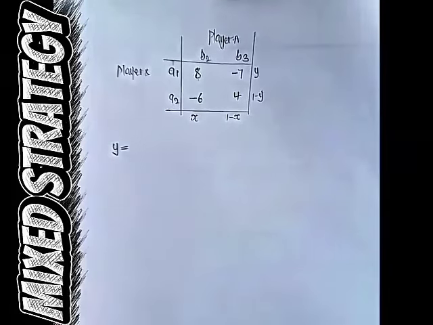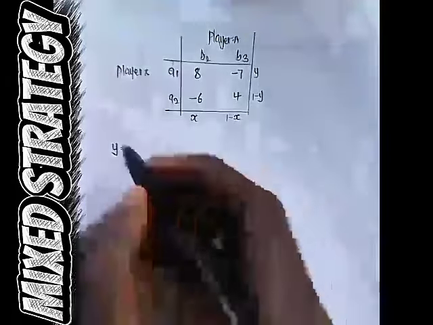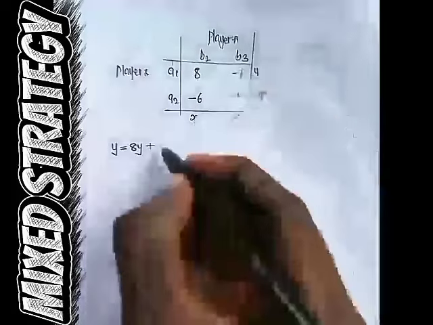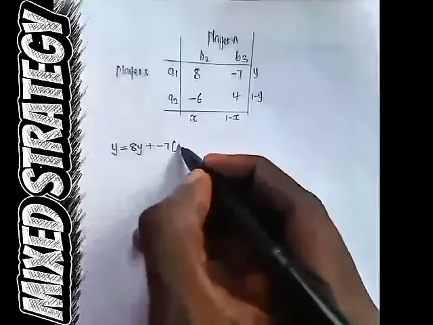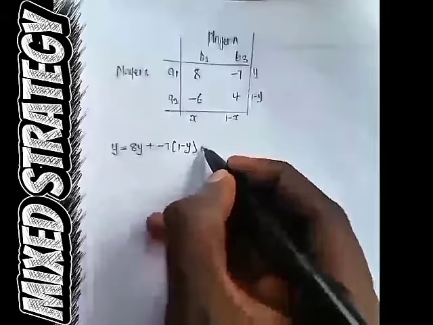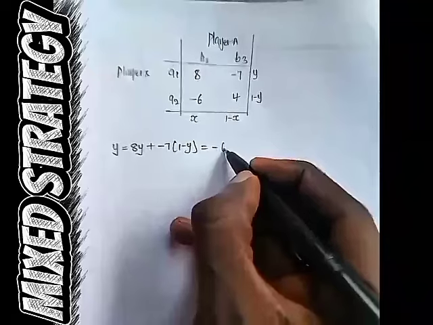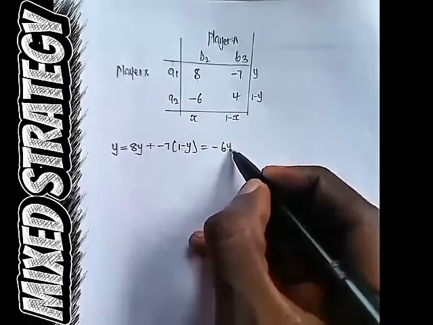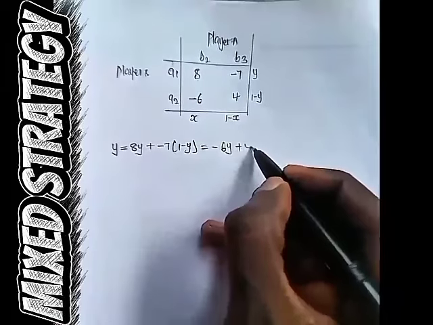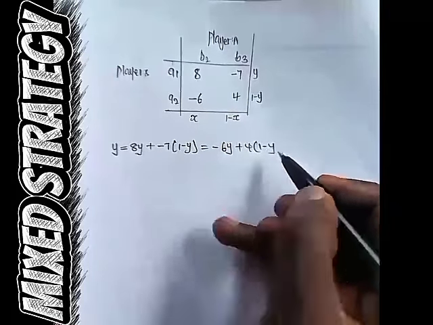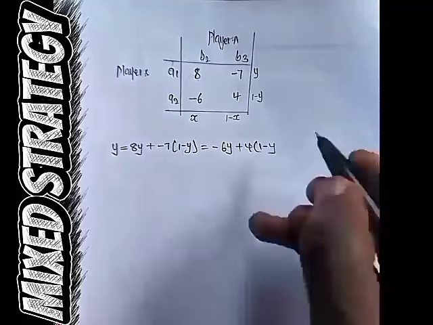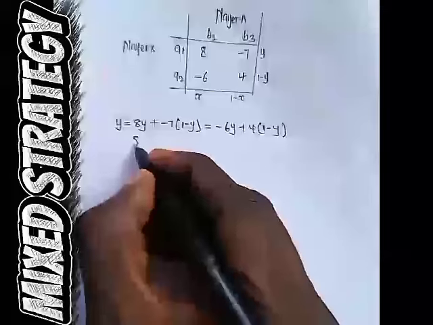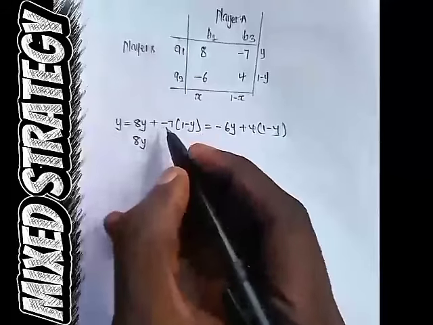8 multiplied by y, so it's 8y plus minus 7 multiplied by 1 minus y equals to minus 6y plus 4, open the bracket of 1 minus y. So 8y plus times minus is minus.